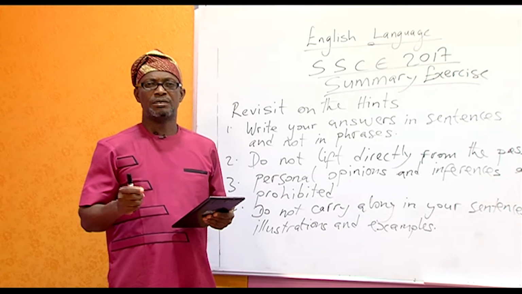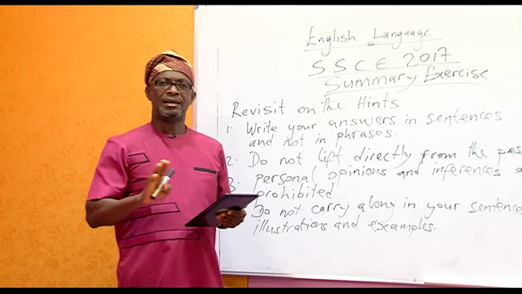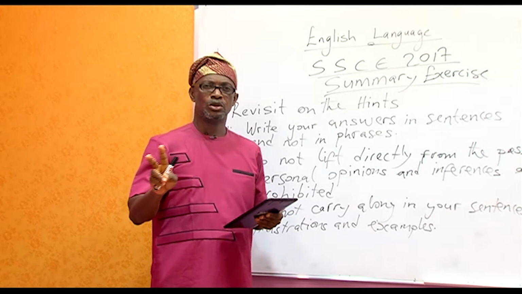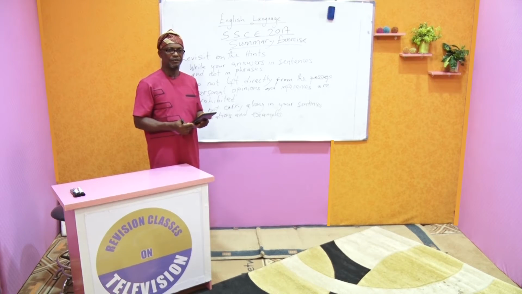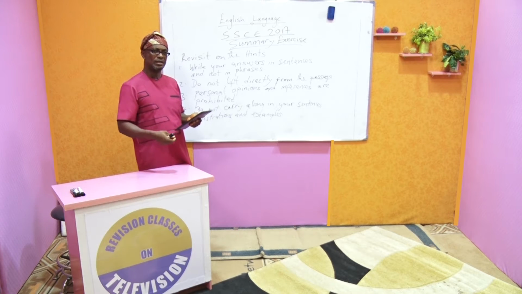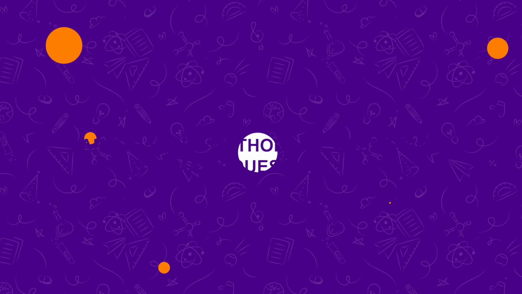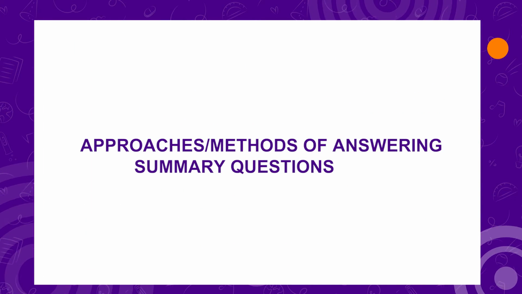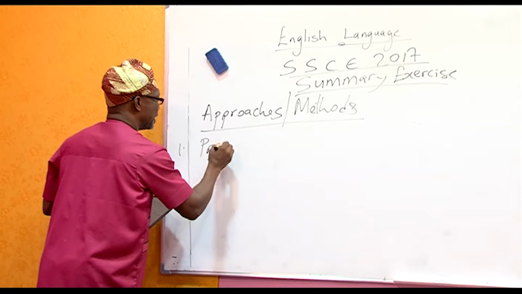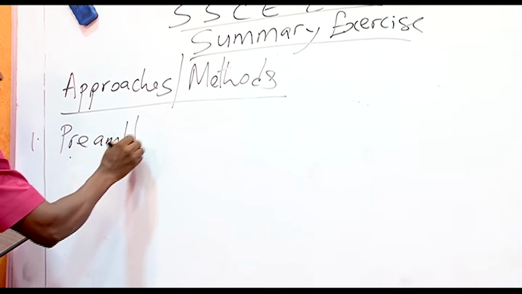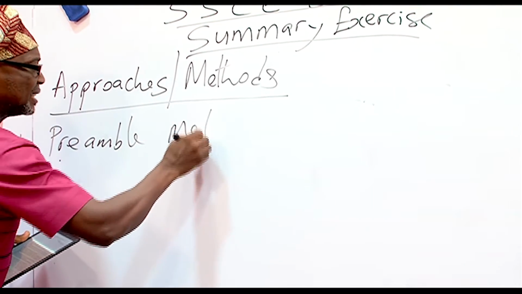When you have a passage before you, you are at liberty to use either of the two approaches we have discussed before now. But I'll give a rundown of those approaches, the methods of answering your questions. Number 1, we said, the preamble method.